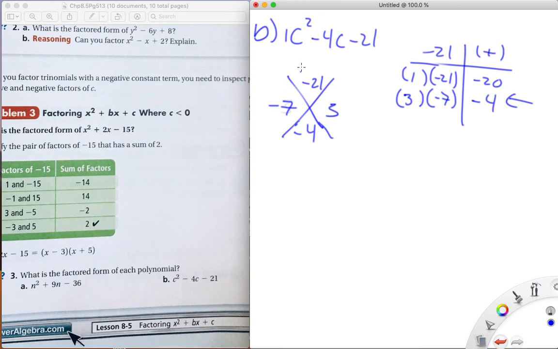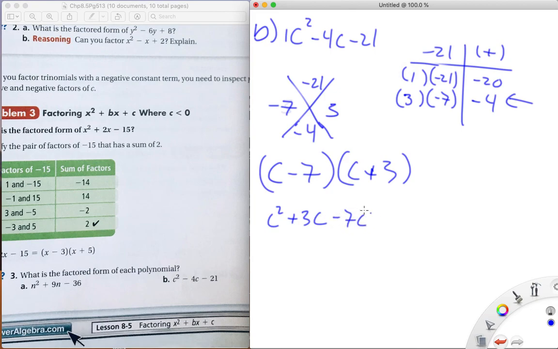So when I set this up, it's going to be c minus 7 times c plus 3. Using FOIL, c times c is c squared. C times 3 is 3c. Negative 7 times c is negative 7c. Negative 7 times 3 is negative 21. Combine like terms, c squared minus 4c minus 21. So it works.